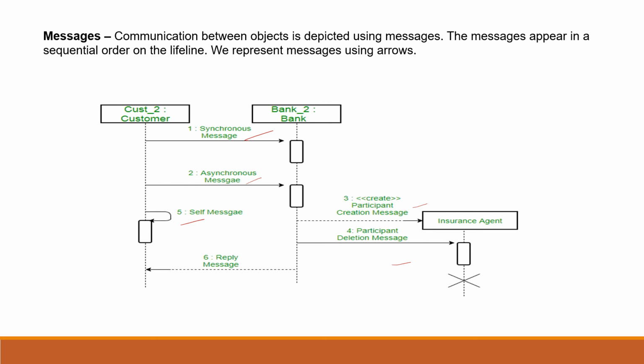Consider a scenario where we have a laptop and the device wants to access its webcam. Such messages are known as self messages. Next is the reply message. These are used to show the messages being sent from the receiver to the sender. After that we also have the lost and found messages. We can discuss them later.